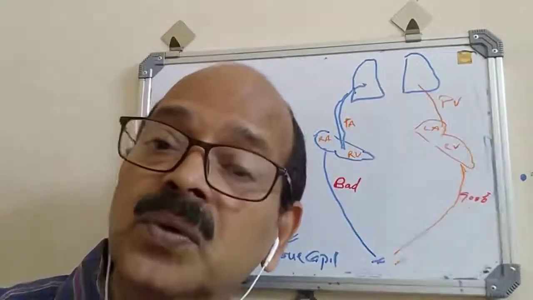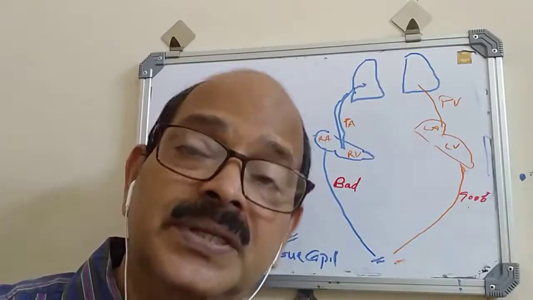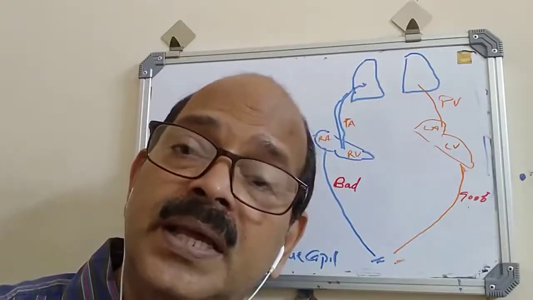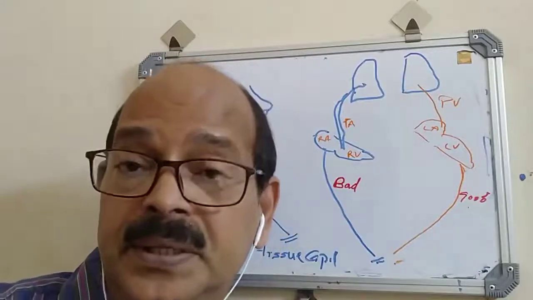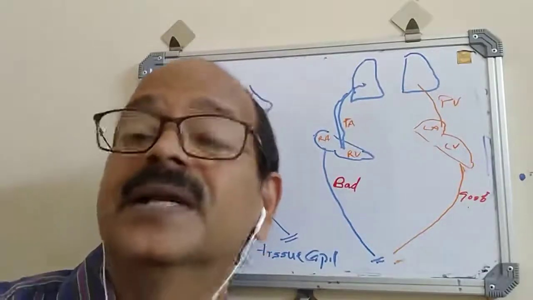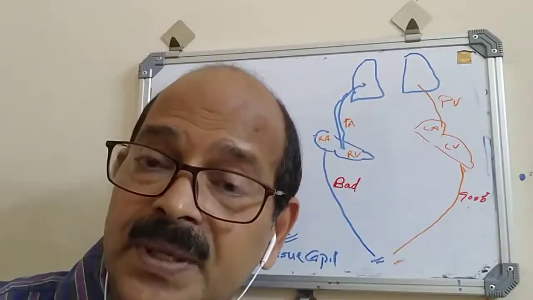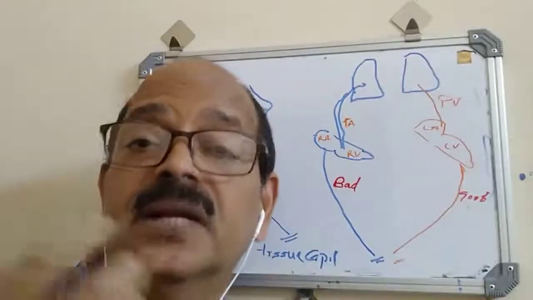So the periphery looks blue, but the blood level of oxygenated hemoglobin is normal. So most likely it's due to a circulatory problem, and that doesn't represent a cardiac or respiratory condition.